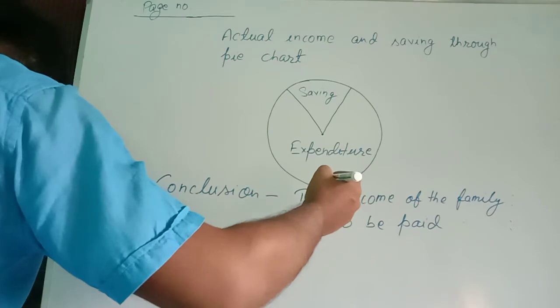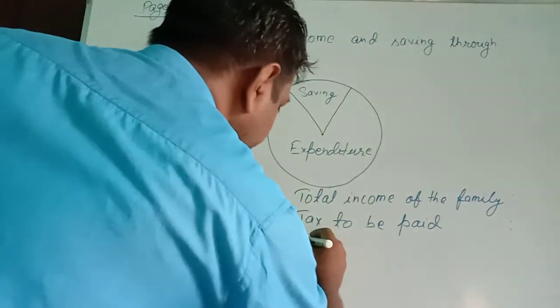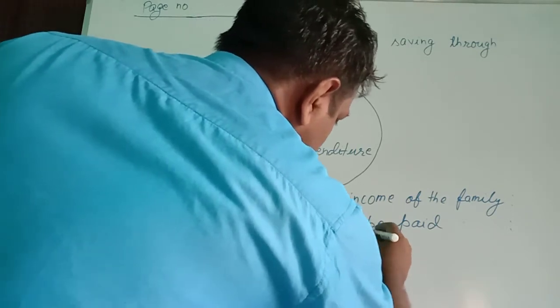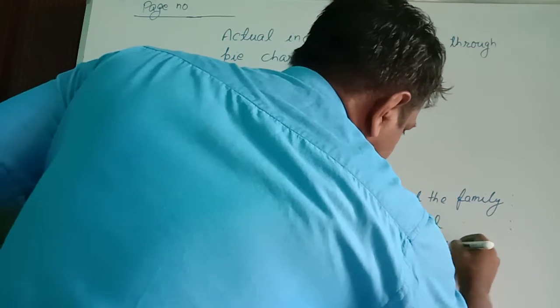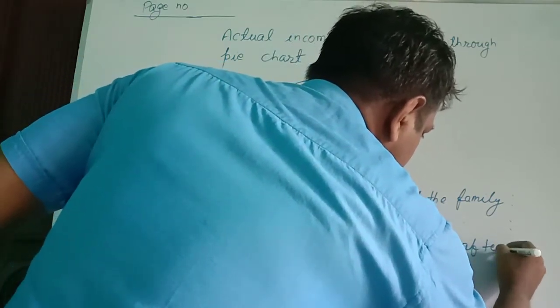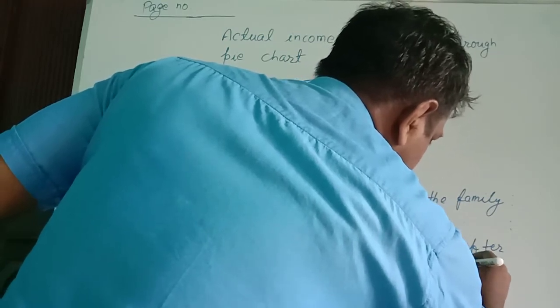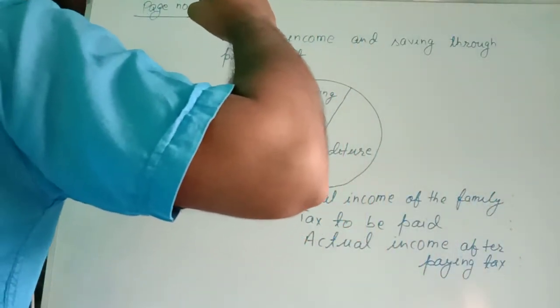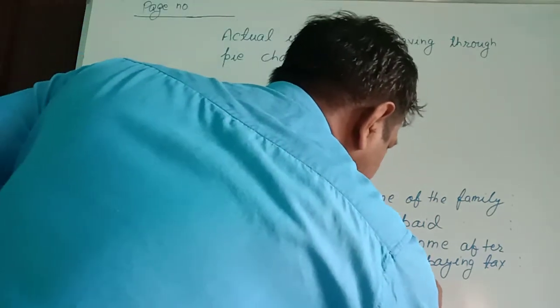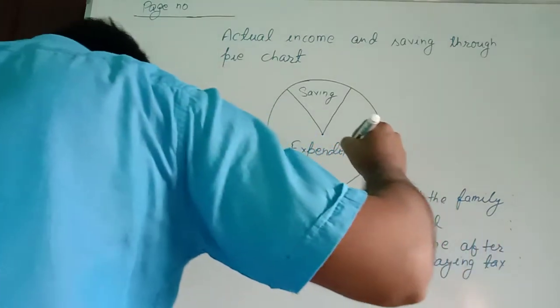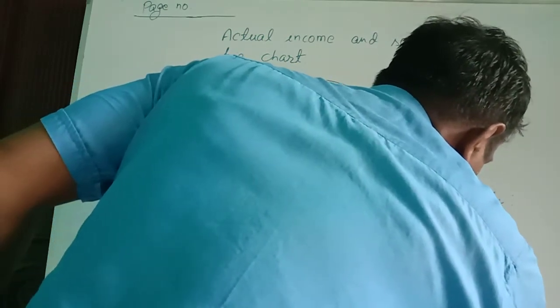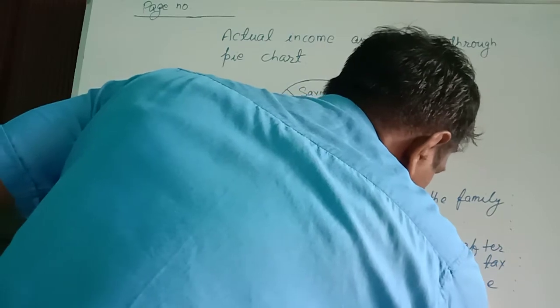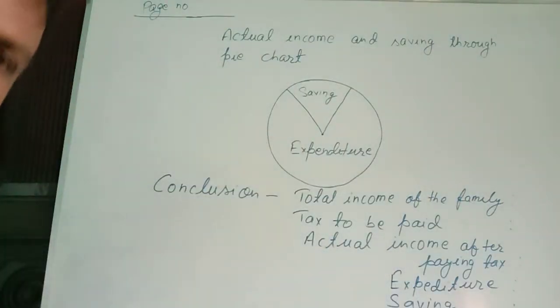Then you will write actual income after paying tax. And then expenditure and saving.